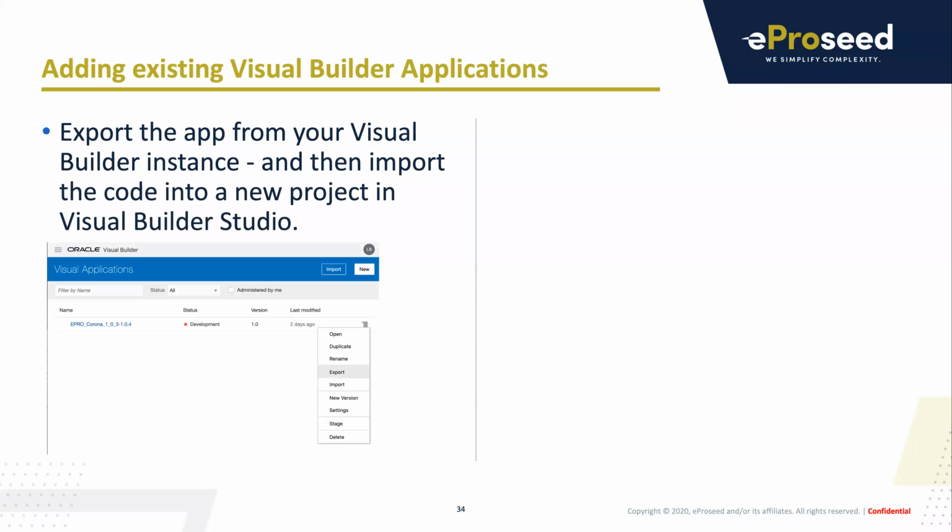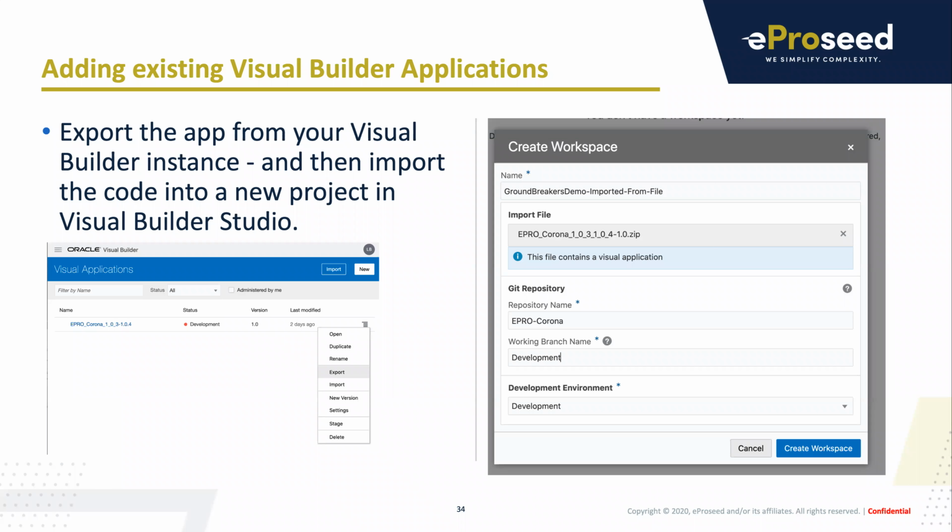It was easy because I could create an export from my Visual Builder application, as you can see on this screenshot. And that export can be easily imported into a workspace in Visual Builder Studio. So export on the left, import on the right, and then I say create workspace, and everything is there.